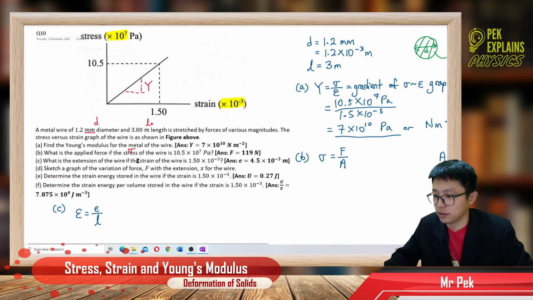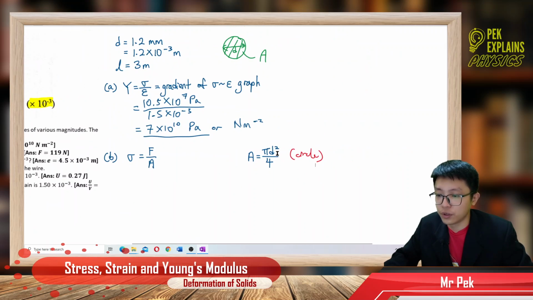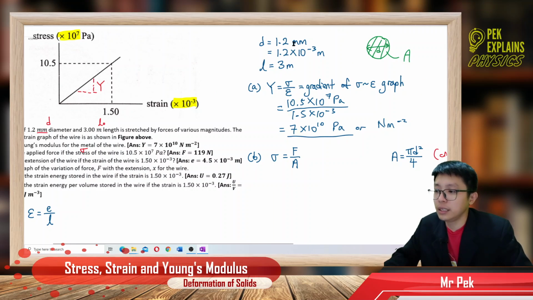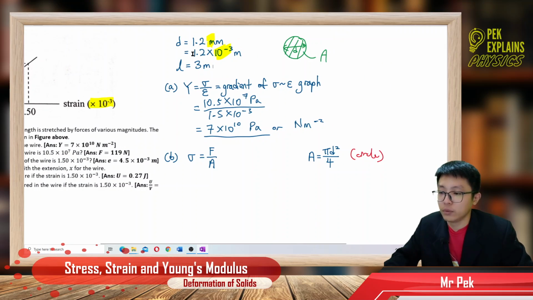Remember, your diameter given is in millimeter, so the milli you need to change to exponent negative 3. Then you just substitute the diameter 1.2 exponent negative 3 into the formula pi d squared over 4. Then you can find the area.